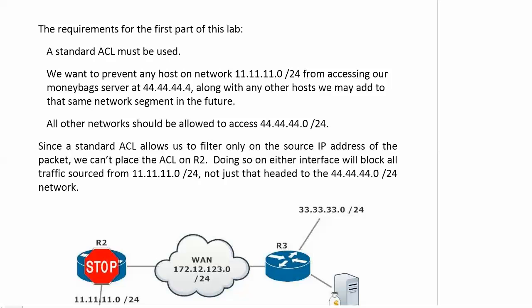Because some people would look at this question and say, oh, okay, we're blocking access to 44.44.44.4, so when I write the extended ACL, I'll use that host address. Well, that's not what we want to do here. We want to block access to that entire network 44 because the question is clearly saying along with any other hosts we may add in the future.